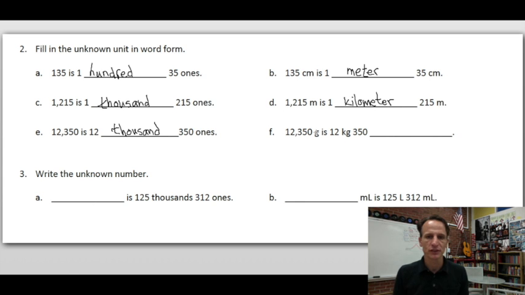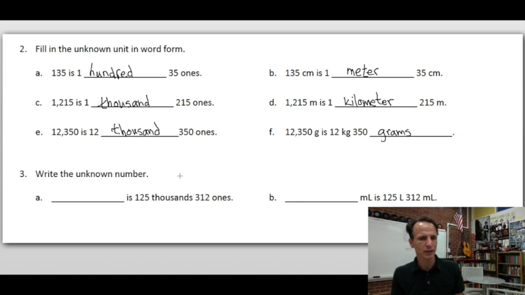And so now if we think about it in terms of grams and kilograms, the 12,000 would be, in terms of grams, 12 kilograms. 350 grams is 350 grams. Look at that. Beautiful. Easy, but something you learn from there.